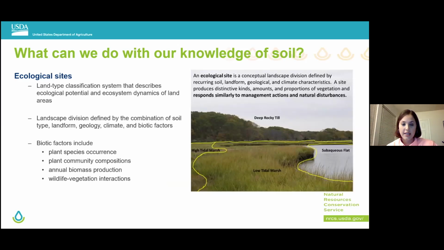Here is an example of different ecological sites. You have four down there: the low tidal marsh, the subaqueous flat, high tidal marsh, and the deep rocky till. So this is something else that we can do with soil information.